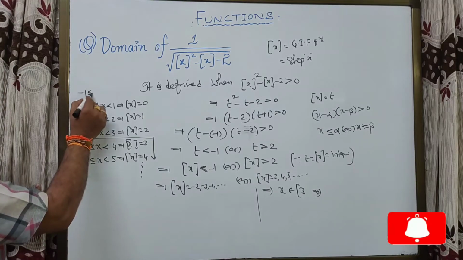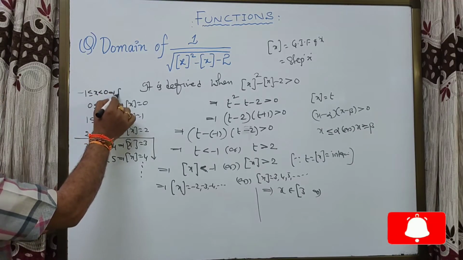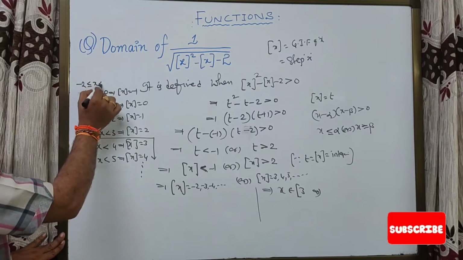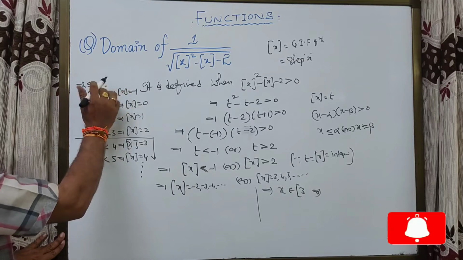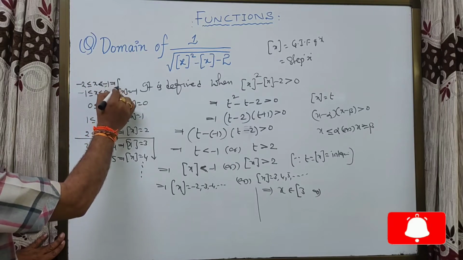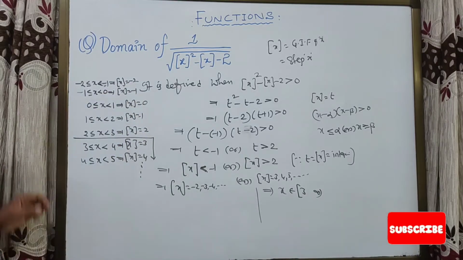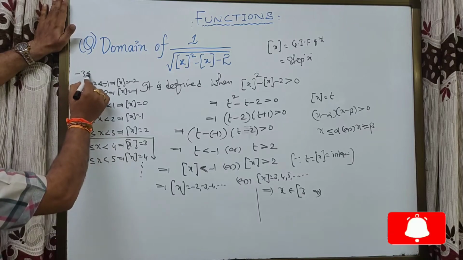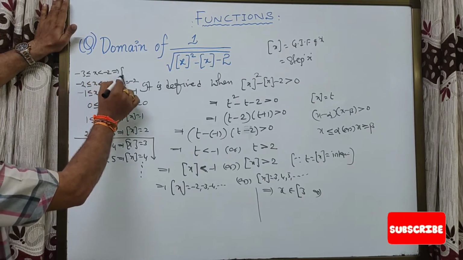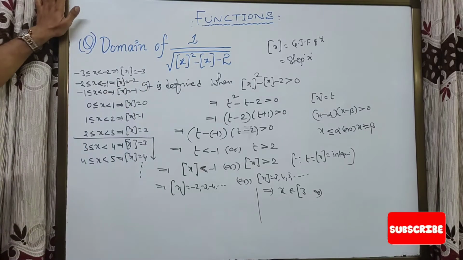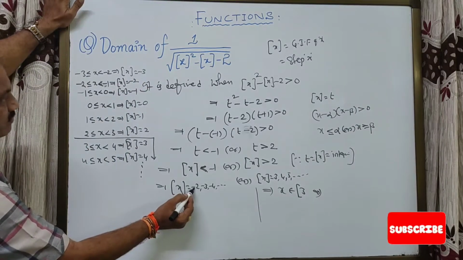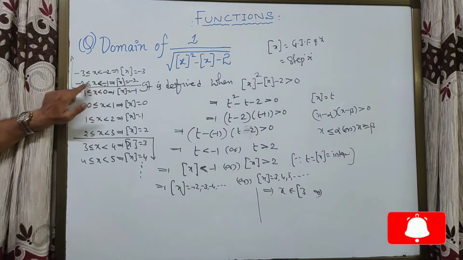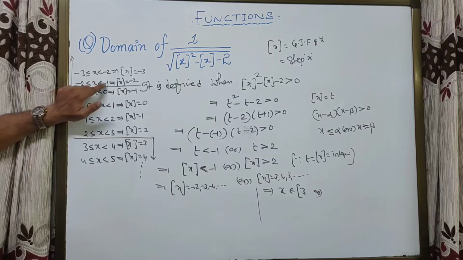See, minus 1 less than or equal to x less than 0, step x equal to minus 1. Minus 2 less than or equal to x less than minus 1, step x equal to minus 2. Here step x equal to minus 2 and below. That means you take minus 3 less than or equal to x less than minus 2, step x equal to minus 3. Dear students, step x is minus 2 when x lies between minus 2 less than or equal to x less than minus 1.